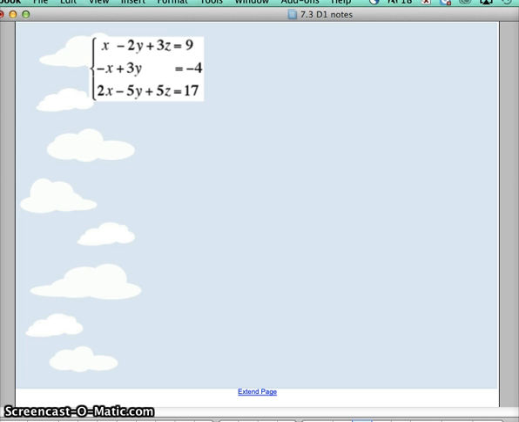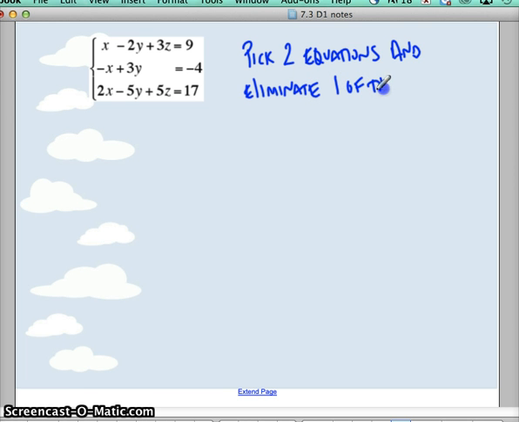The first thing I would say to do is pick two equations and eliminate one of the variables. I'll call these equation 1, 2, and 3.